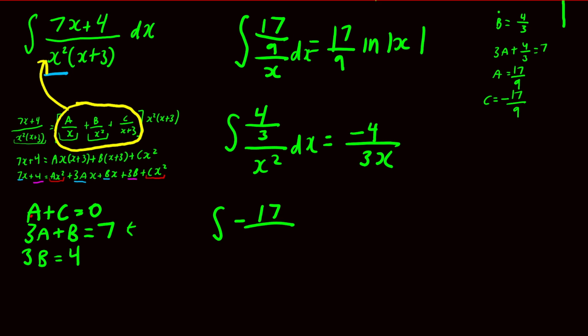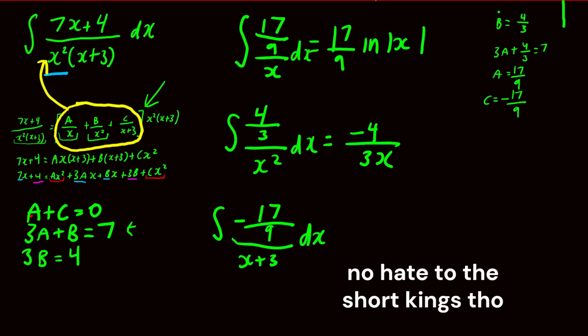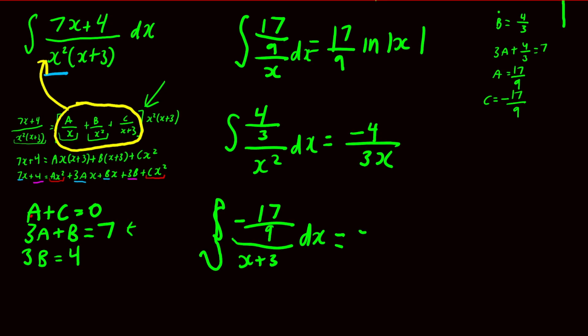This video is primarily about I want you guys to be comfortable with using these steps right here. So anyway, negative 17 over 9 over x plus 3 dx. I don't know why this integral is so short, sorry. And that's going to be negative 17 over 9 ln of x plus 3.